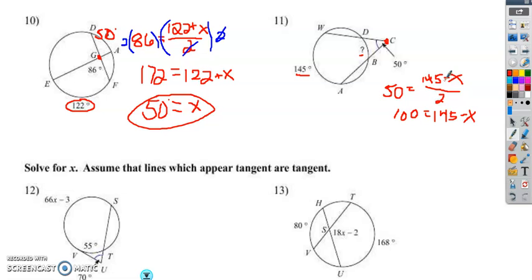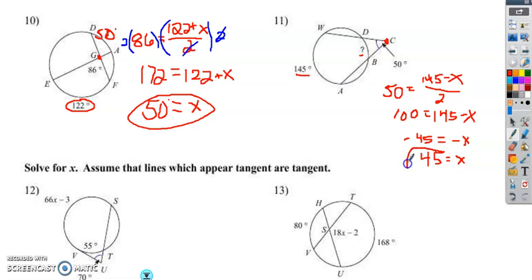10 was on the inside, not at the center, so it's an addition up there. Now when I subtract, I'm going to end up with negative 45 is equal to negative x, and that's all right. Think of it as dividing this side and this side both by a negative 1, which leaves you with 45 is equal to positive x.